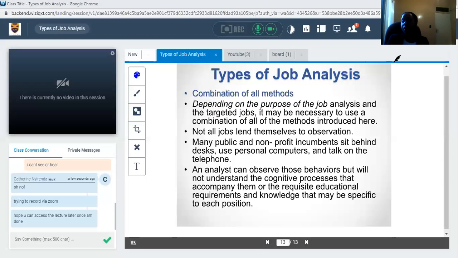That's the reason why this last type of job analysis method is important, because the analyst might use an alternative method, like asking the job holder what exactly is taking place. That can work for the benefit of the analysis.